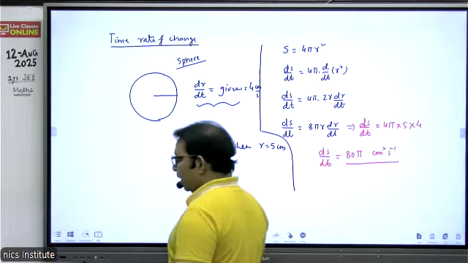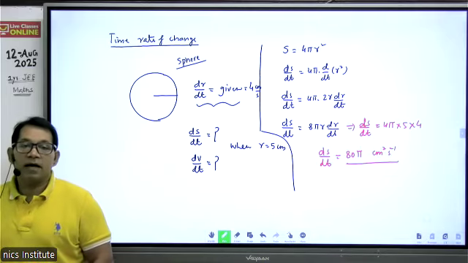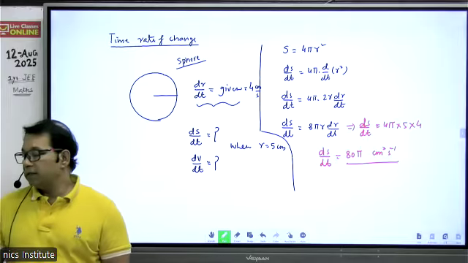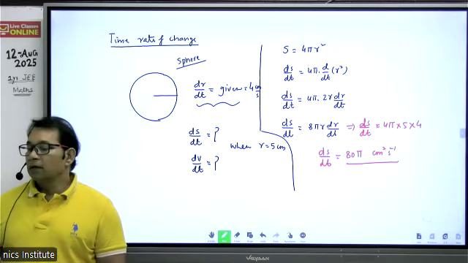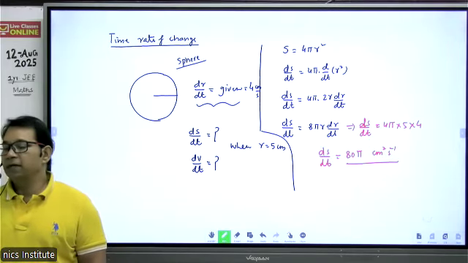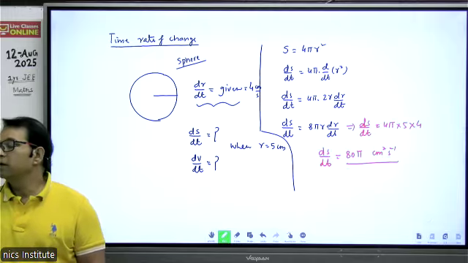So that's how you find the rate of change in surface area of the balloon when the radius is 5 centimeter. So you differentiate with respect to time. One quantity will be given to you, and you can find the other like this.